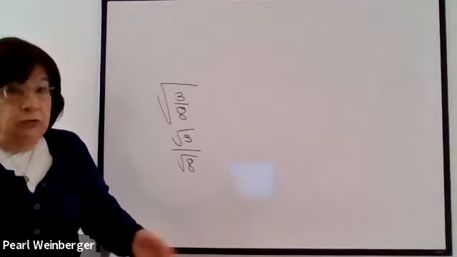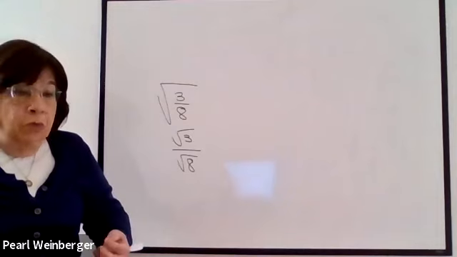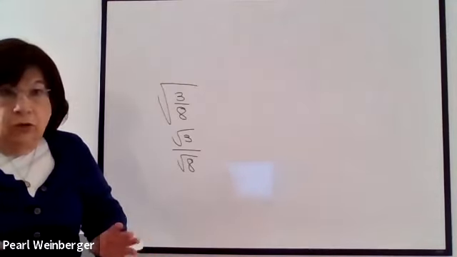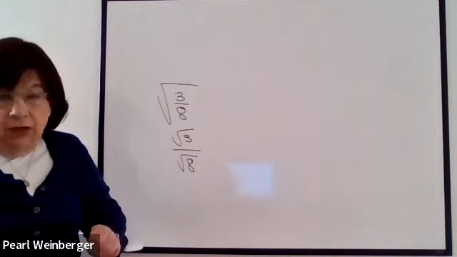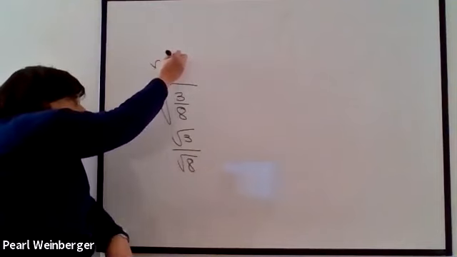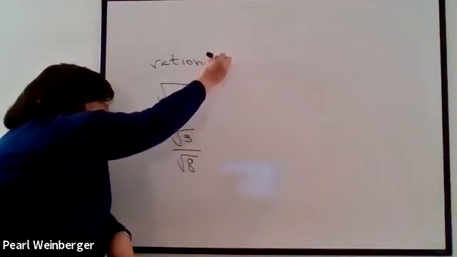And when the term simplify or even divide is used, the whole point is to make sure that in the end, you don't have any radicals in your denominator. What they want us to do is something called rationalize the denominator.